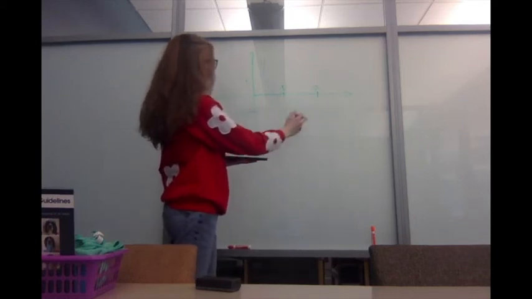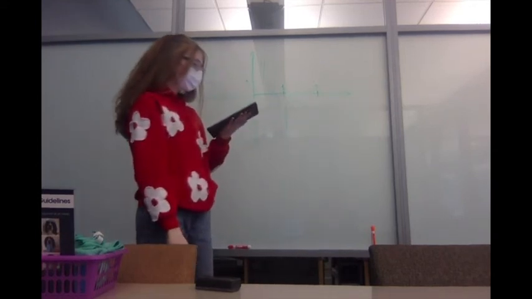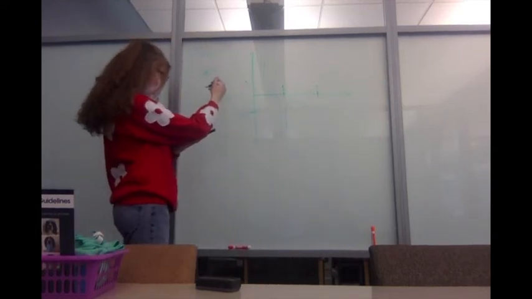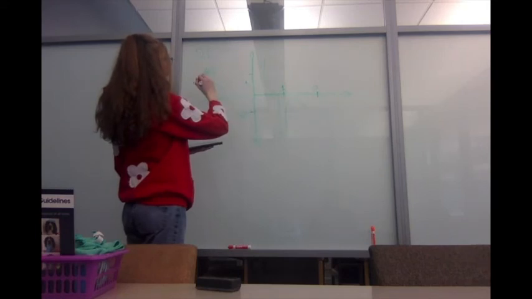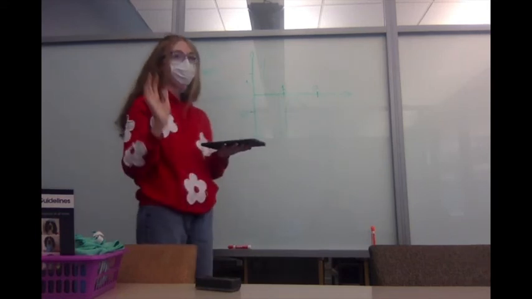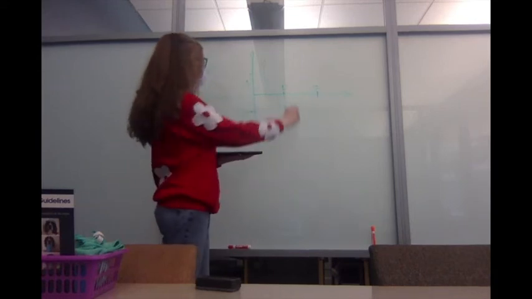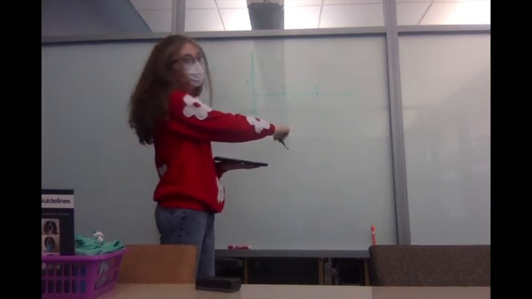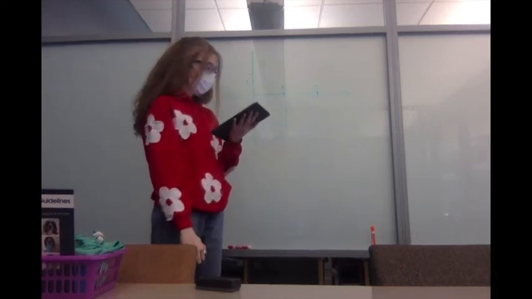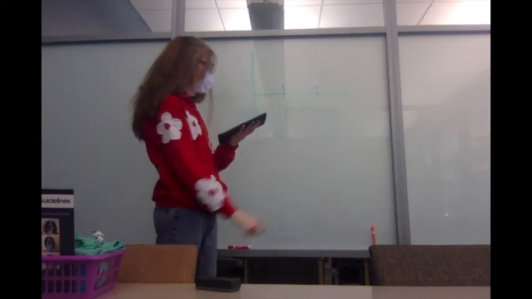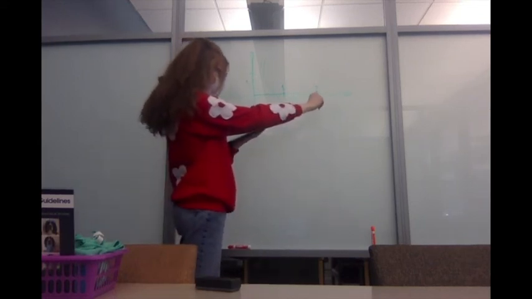Negative 2. And then negative infinity is leveling off at 2. I didn't draw the graph completely right. No, you're good. And then for 1, it's negative infinity. That sounds about right. And then 3, you already did 3.